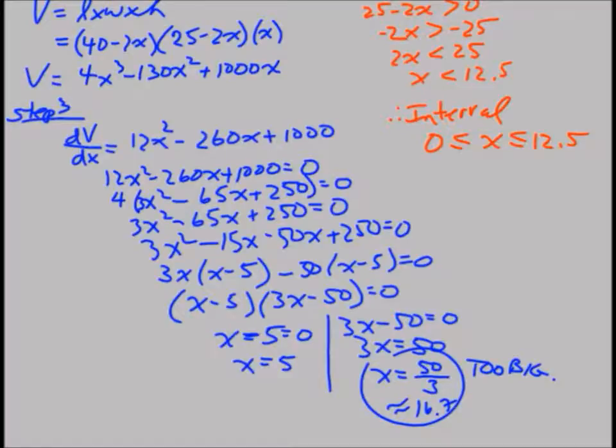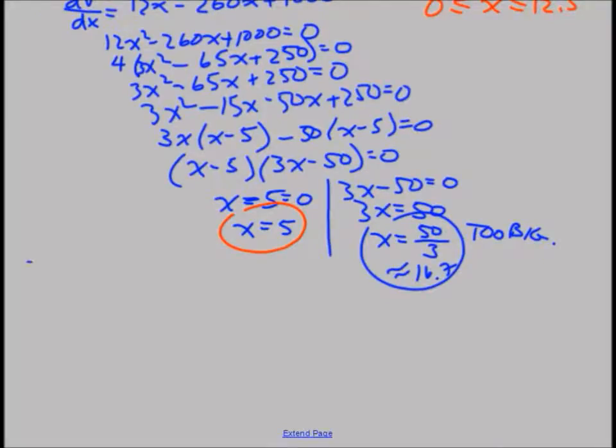So we're only looking at x is 5. Step 4, for a restricted domain, the max or min may occur either when the derivative is 0, or at an endpoint, or at a point where the derivative is not defined. So show using the sign diagram test, or the second derivative test, or the graphical test that you have a max or min.